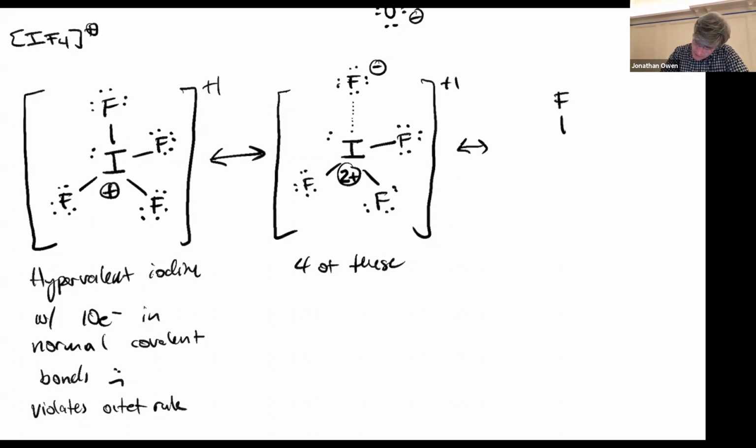This time, however, what I'm going to do is, I don't like that positive charge down there. And I'm going to try one of these out. So I heard that fluorine makes pi bonds using its electron pairs.